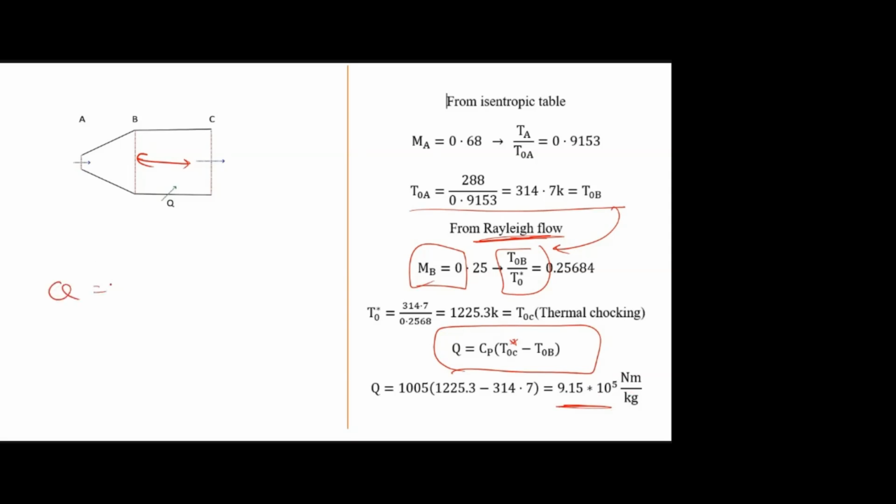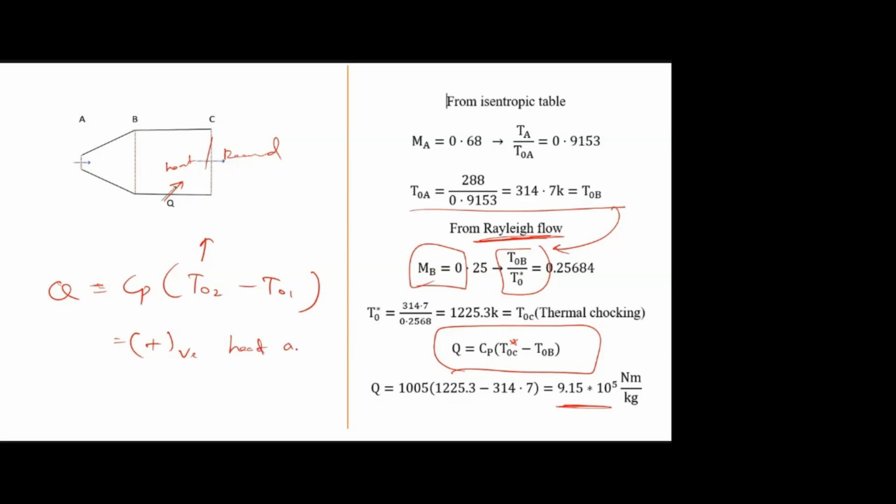Sometimes they will ask the direction of heat transfer, whether the heat is added or removed. You can find it in two ways. One is this Q value, Cp times T02 minus T01. If the overall Q value is positive, then the heat is added.